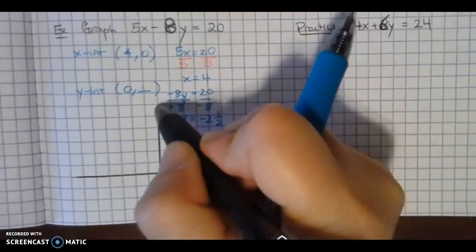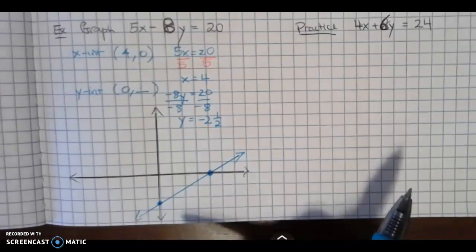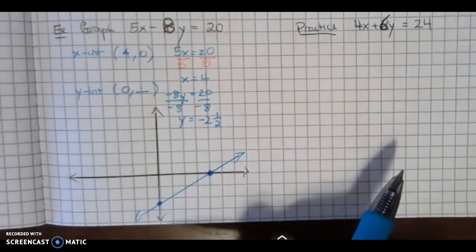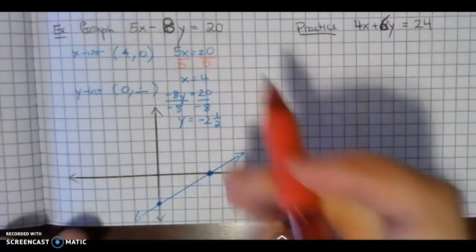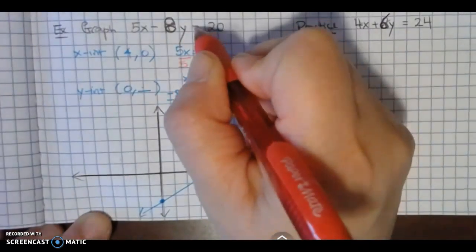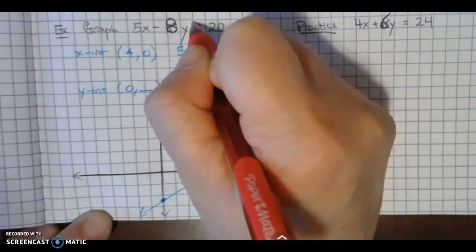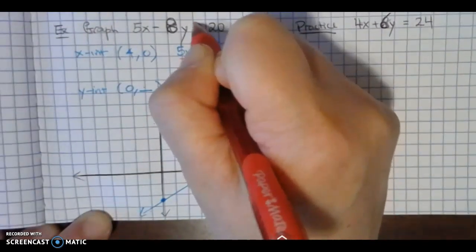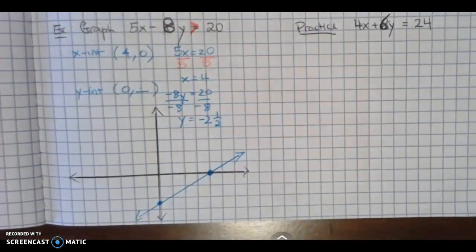And of course, you can use this method when you're doing systems of inequalities. Now let's say that instead of it being equal to, this was greater than. Let's just change the problem a little bit and see how this changes.